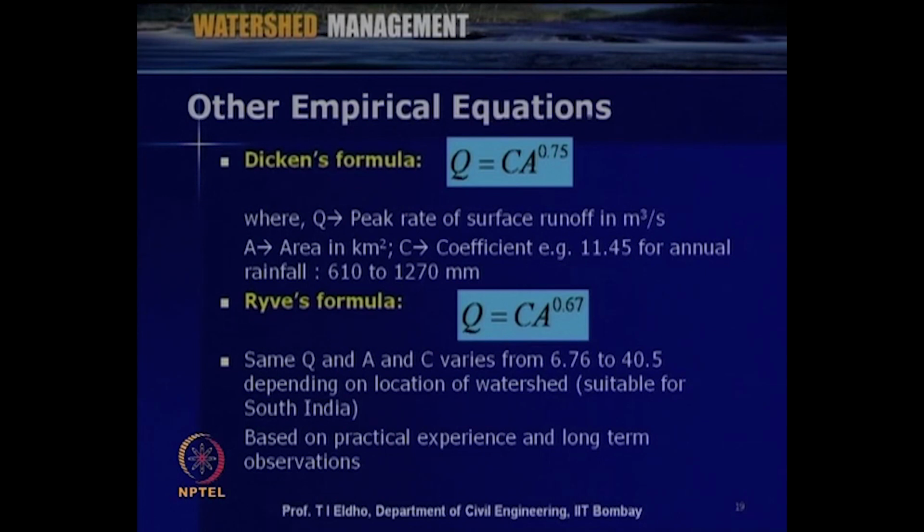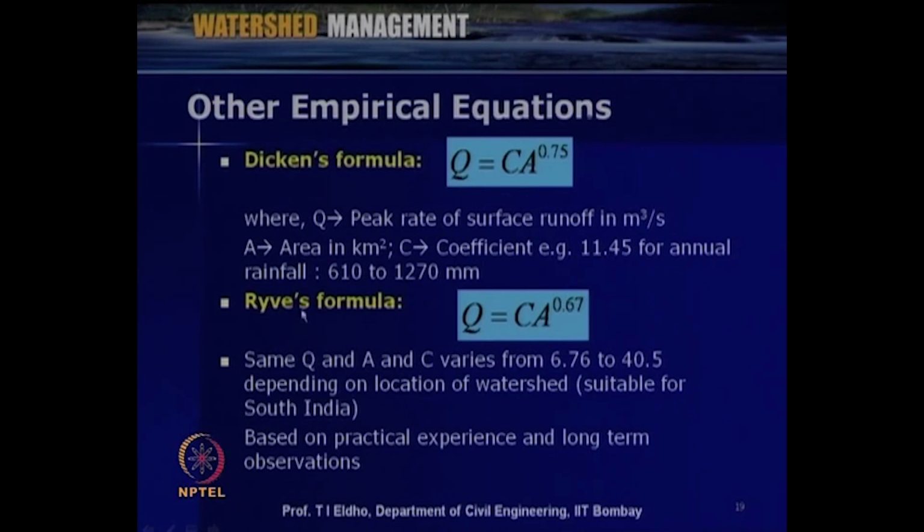Here I have listed some of the equations which are commonly used in Indian conditions. The first one is the so-called Dickens formula. Here Q, the peak rate of surface runoff in cubic meters per second, is equal to C A^0.75, where A is the area in square kilometers and C is the coefficient. This can vary from 11.45 for annual rainfall of 610 to 1270 mm.